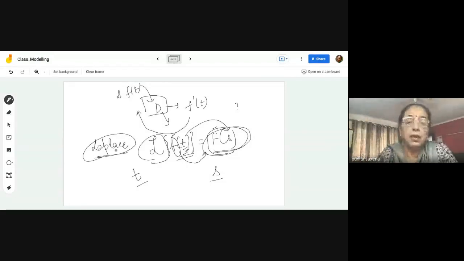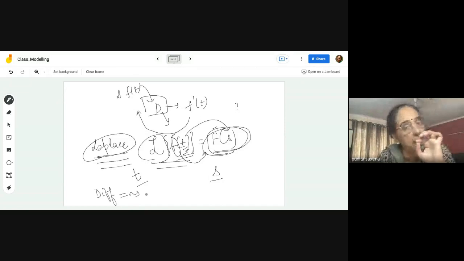The advantage of using the Laplace transform is that your differential equation gets converted. Differential equations means what? An equation that involves derivatives, right?